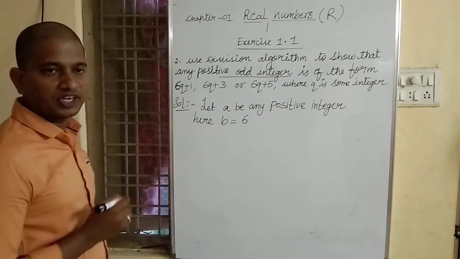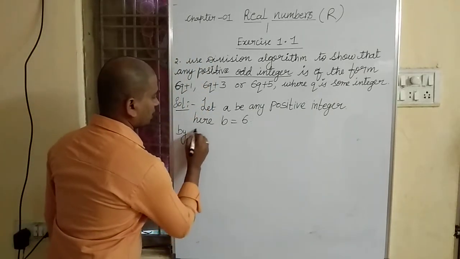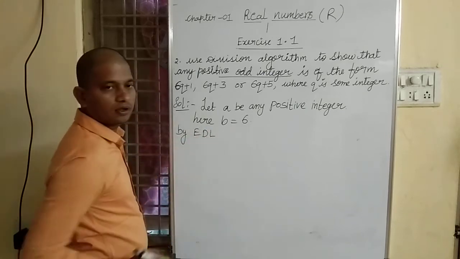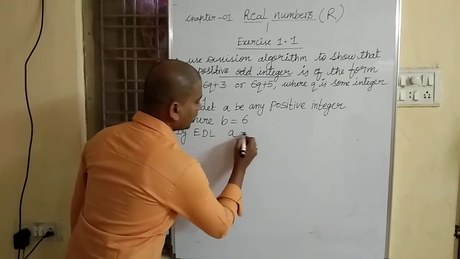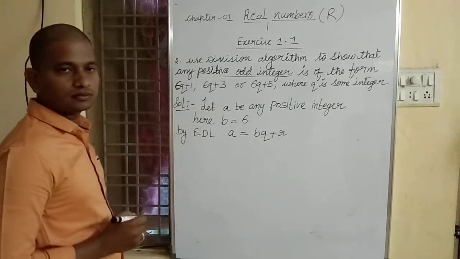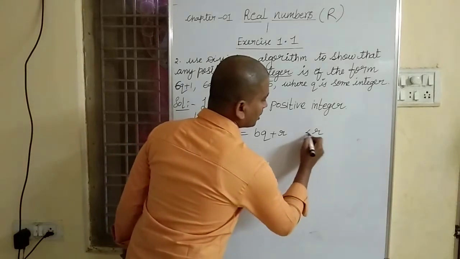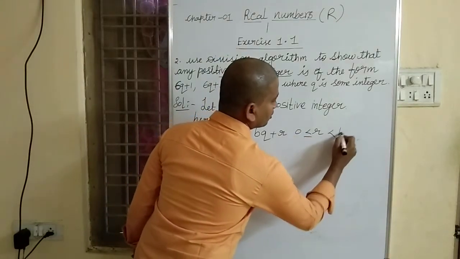By using Euclid division lemma, what is Euclid division lemma? a equal to bq plus r, where r lies between 0 and b.